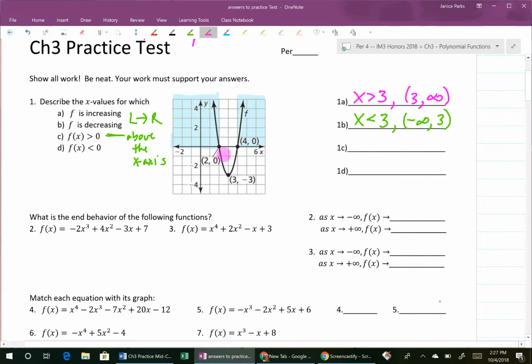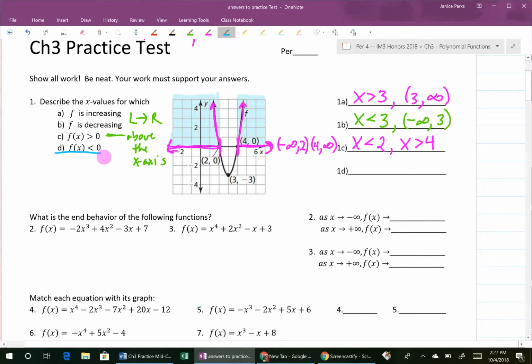So to the left of 2 and to the right of 4, the graph is above the x-axis. The left of 2 means x is less than 2, and x is greater than 4. In interval notation, you would say from negative infinity to 2 and from 4 to positive infinity.